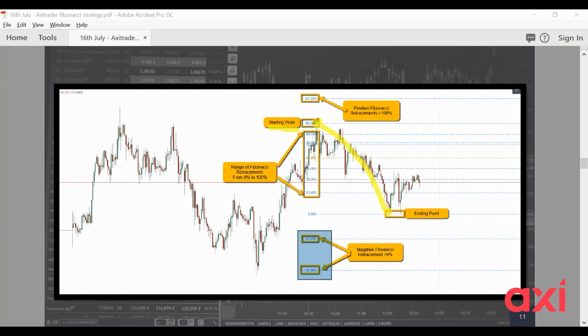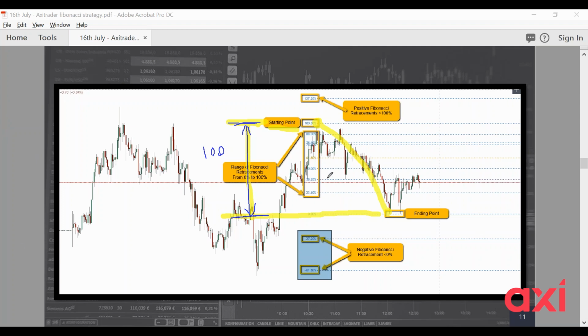Assuming from my starting point over here to my ending point over here, assume that this is 100 pips. I can't change the color of my highlighter, but assuming this is 100 pips from my starting point all the way to my ending point. What does a 50% retracement mean?